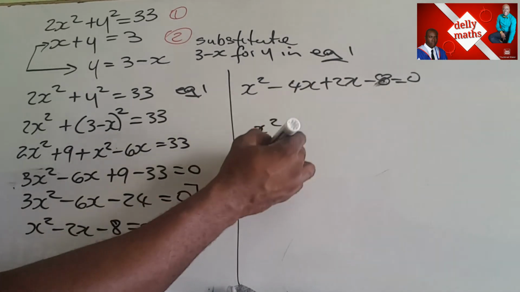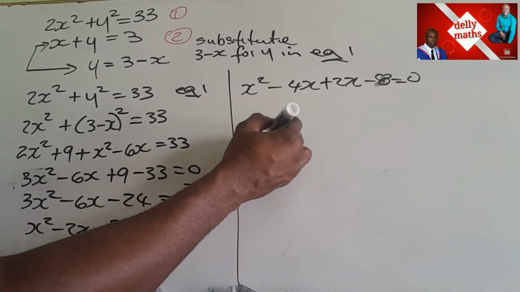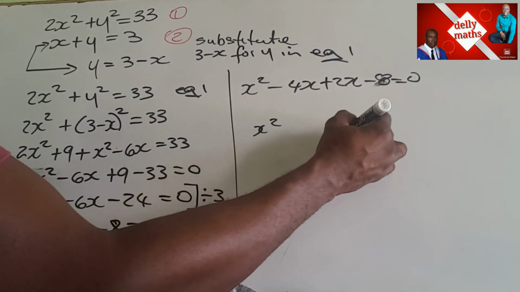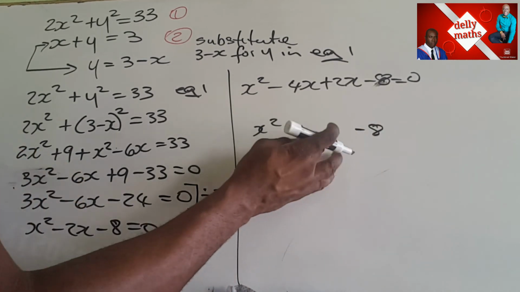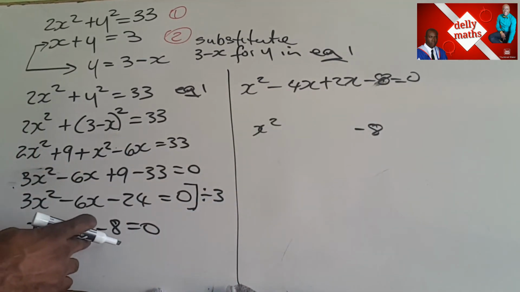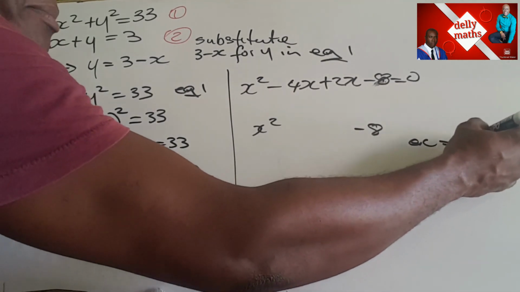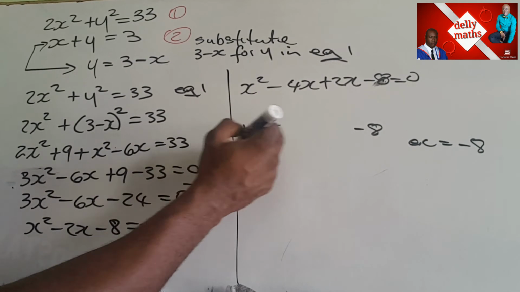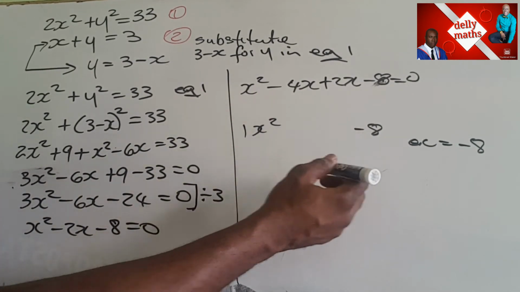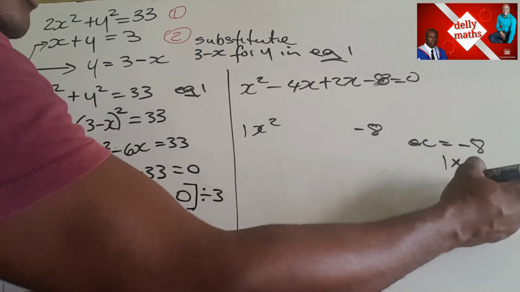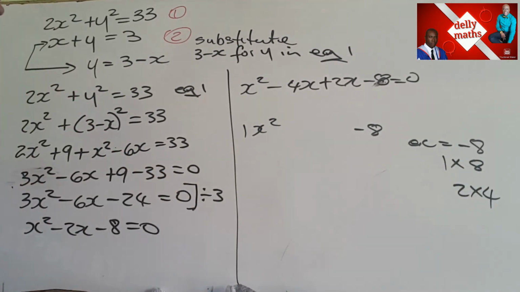This is my x squared, and this is the negative 8 out here. We're going to try to find a replacement for the negative 2. So it's AC. AC, as you could see, is going to be a negative 8 because 1 times negative 8 is negative 8. The numbers that can multiply to give you that would be 1 and 8, as well as 2 and 4.